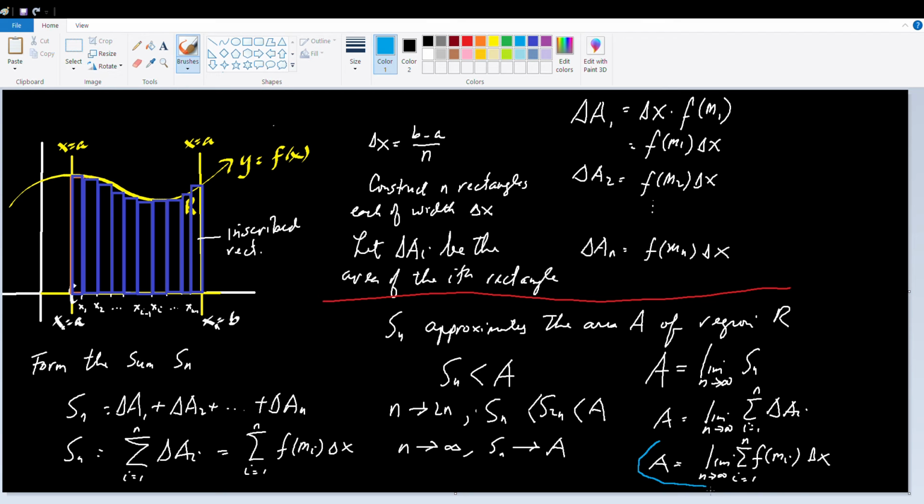So this will be the limit definition of the area of region R.